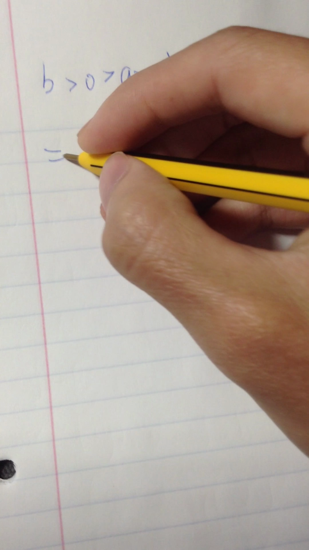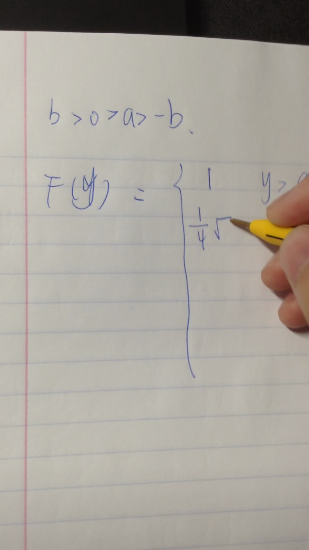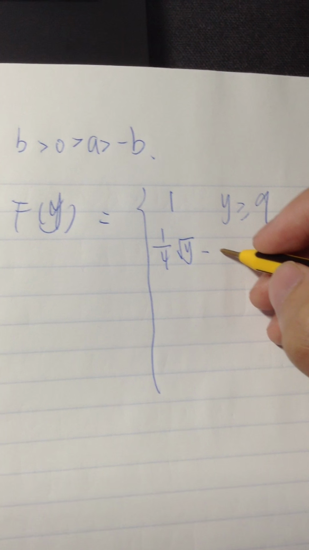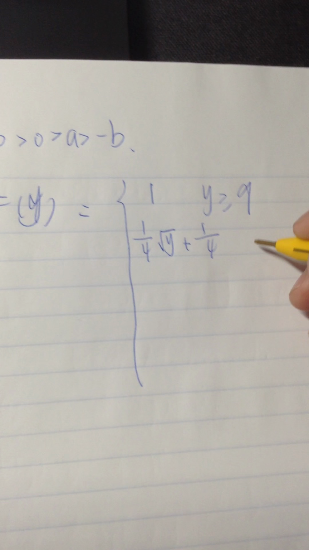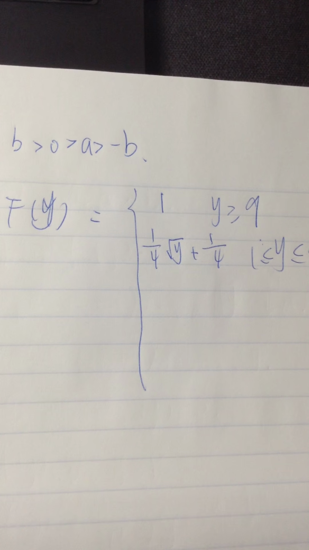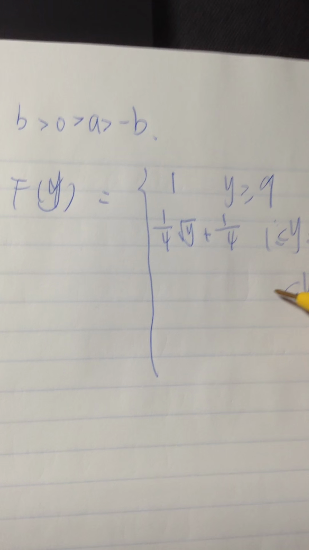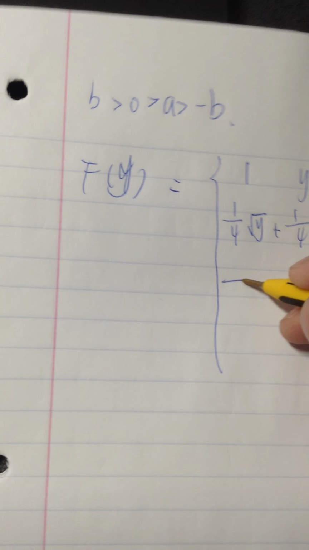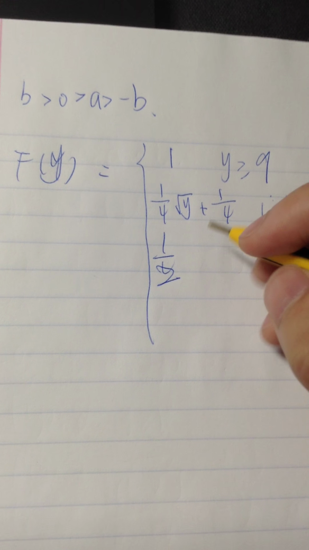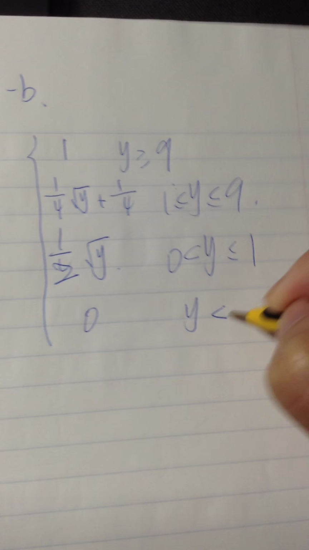So fy equals 1 when y is bigger than 9; a quarter square root y plus a quarter when y is between 1 and 9; and when y is between 0 and 1 it is one half square root y, and 0 when y is below 0.